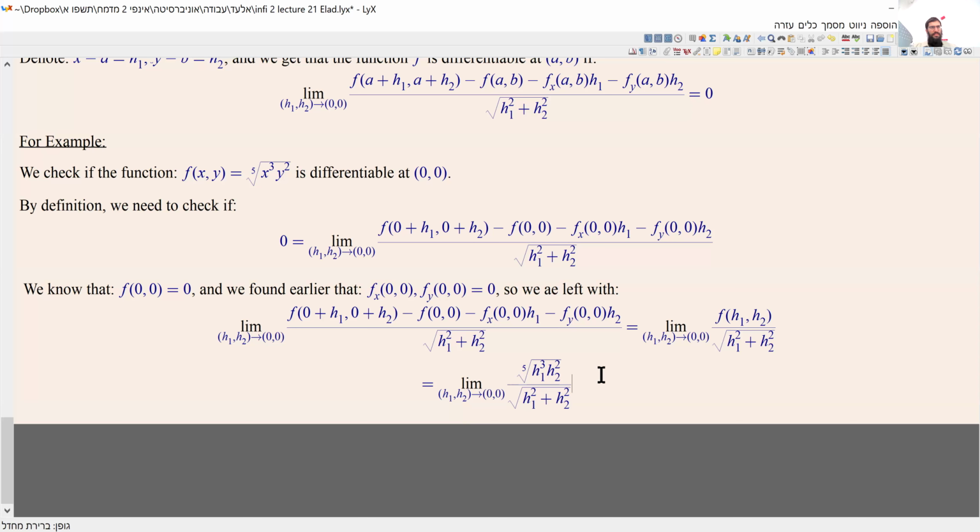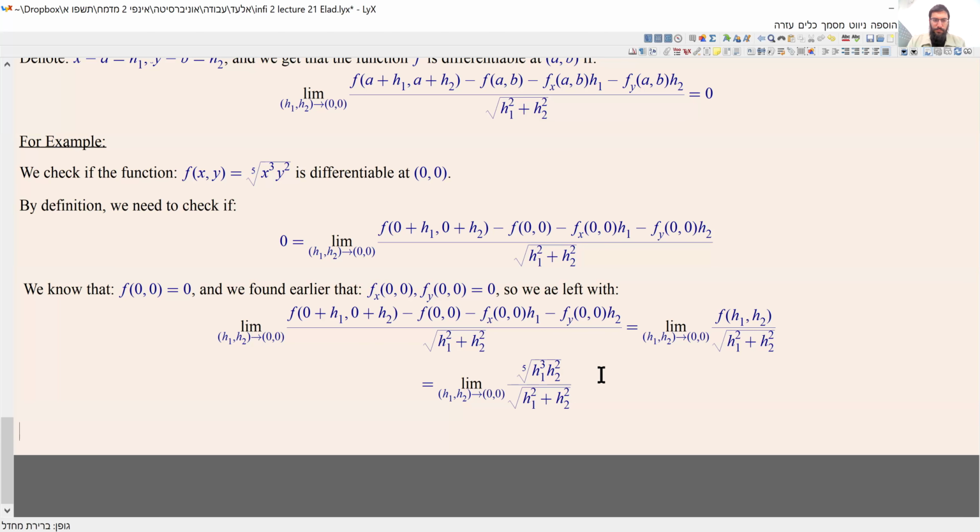Specifically, it shouldn't be 0. Now, if we want to show that the limit does not exist, we consider two different paths with two different limits, etc. But here it is even simpler. We only need to find one path in which the limit is not 0. So the limit itself will not be 0, and the function will not be differentiable.